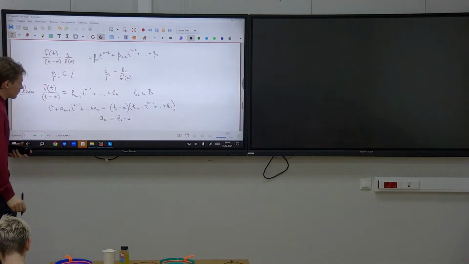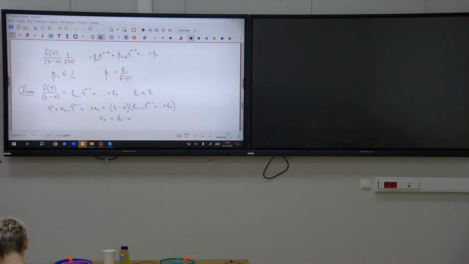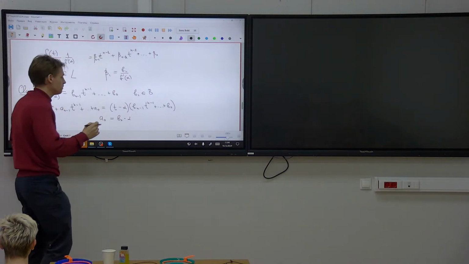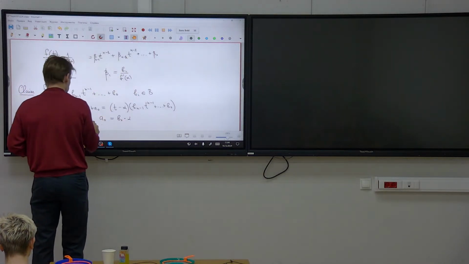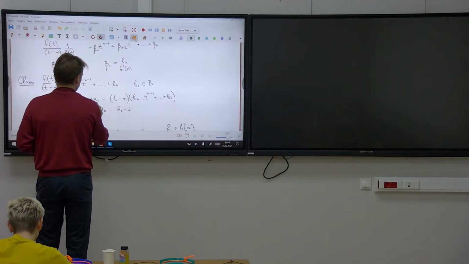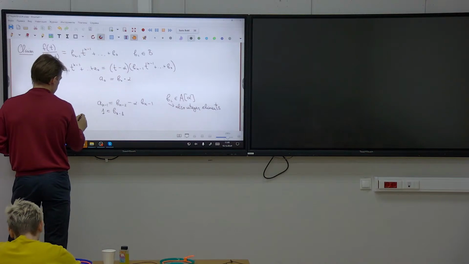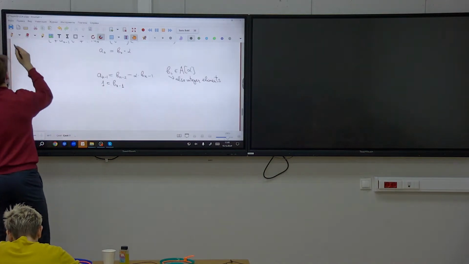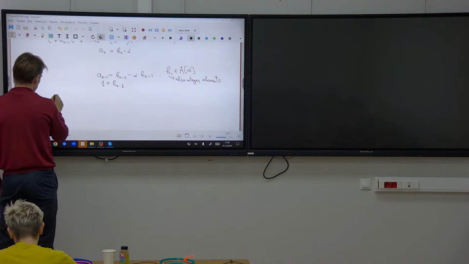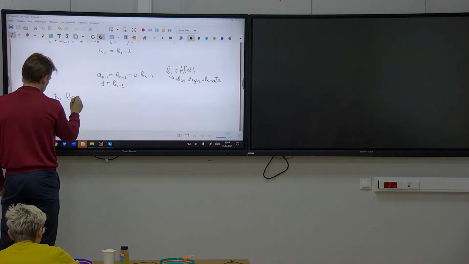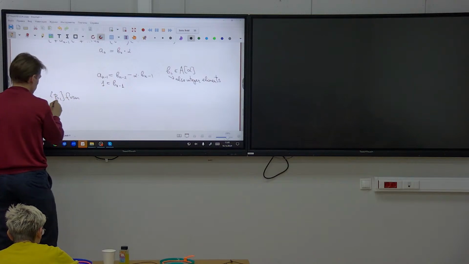So notice that the claim is that beta i is precisely the dual basis. So first claim that beta i form the dual basis.